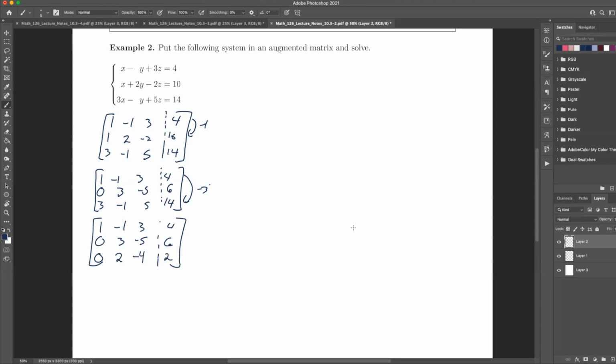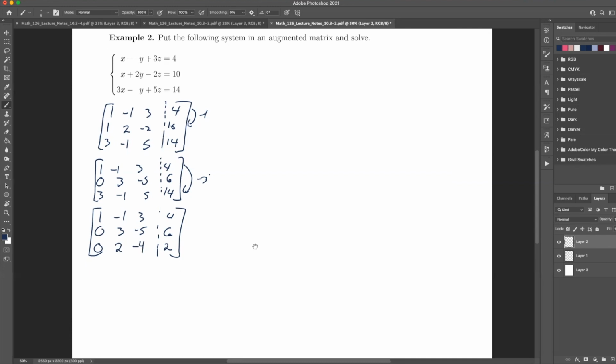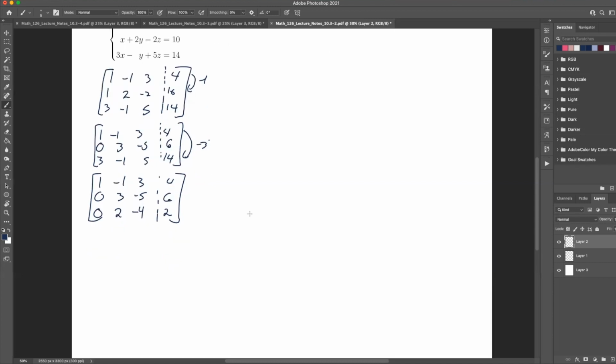Now I'm going to do something that I know I want to do. There's no real clean way to get rid of this, at least not right now. But notice everything here is divisible by 2, so I'm going to interchange these rows. This is the first time we've done interchanging, just to make our lives easier.